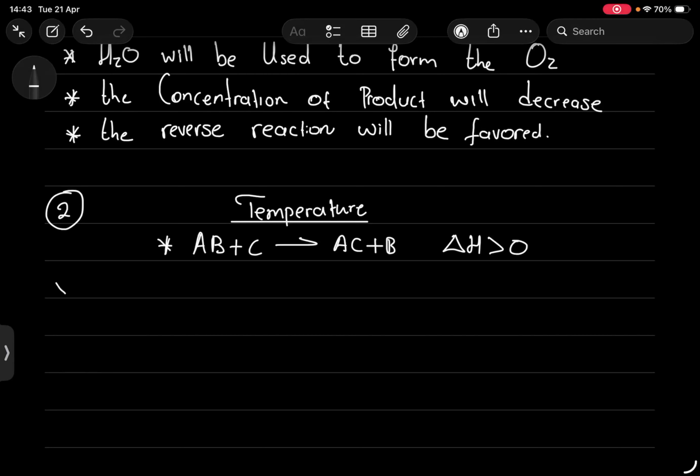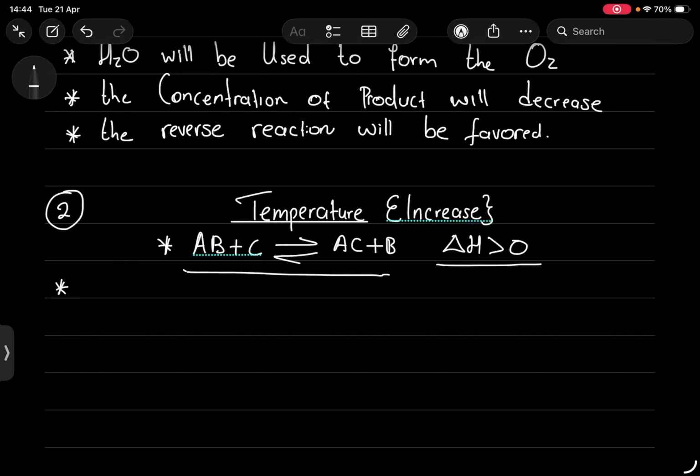Your first line, you're going to state that if we increase the temperature, okay? The temperature, and we are having this one over there, right? This implies what? It tells us that the forward reaction, because the forward reaction is reactants to products, right? This is the forward reaction. It tells us that the forward reaction is endothermic.